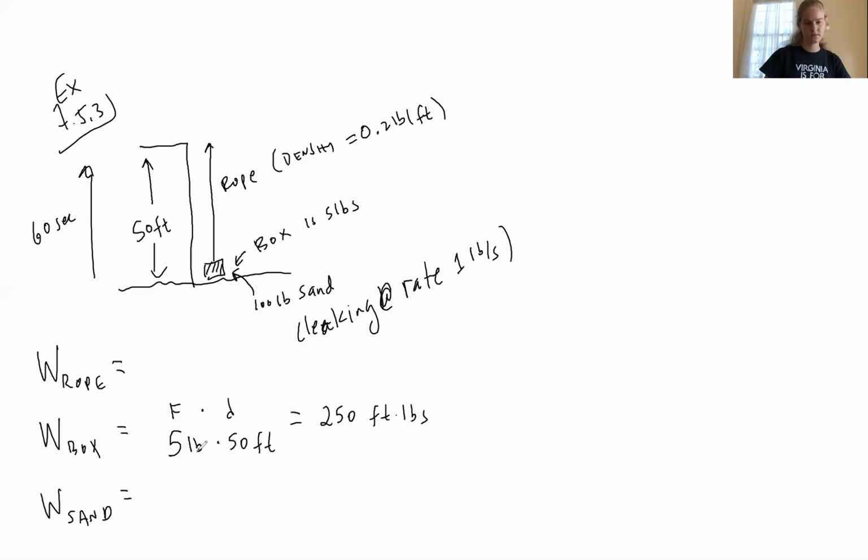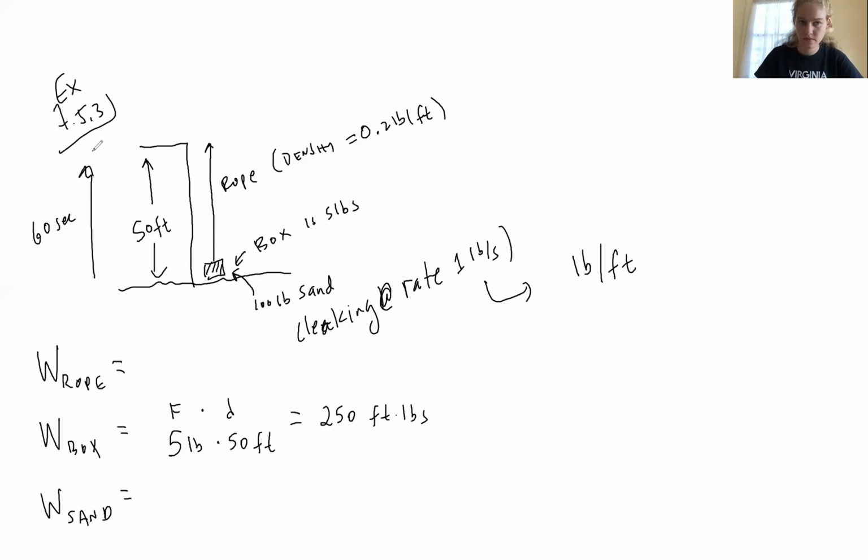But the problem is I'm going to want to chop this up, not in seconds. I want to chop it up in feet. So if it's 1 pound per second, how many pounds is it losing per foot? It's losing 60 pounds because I said it was 1 pound per second, and it's 60 seconds.